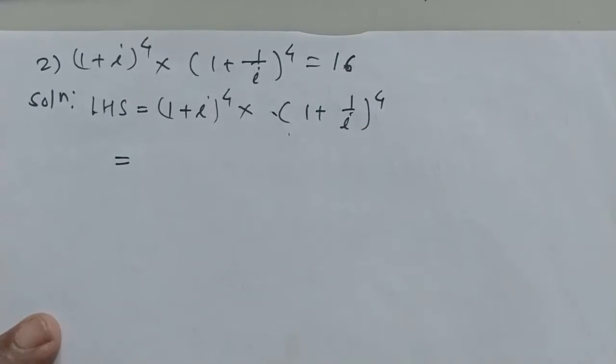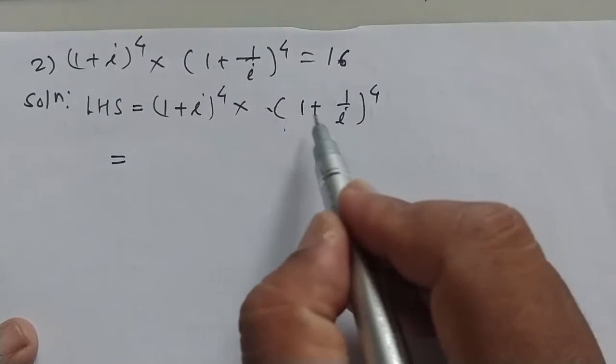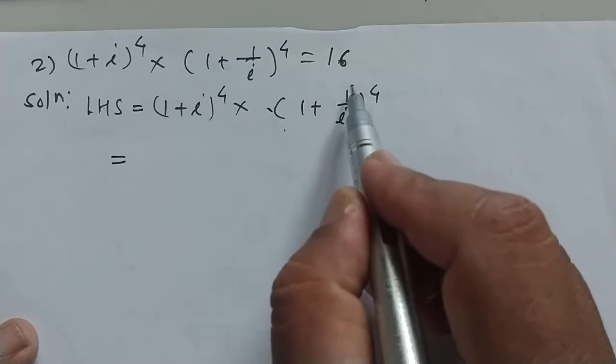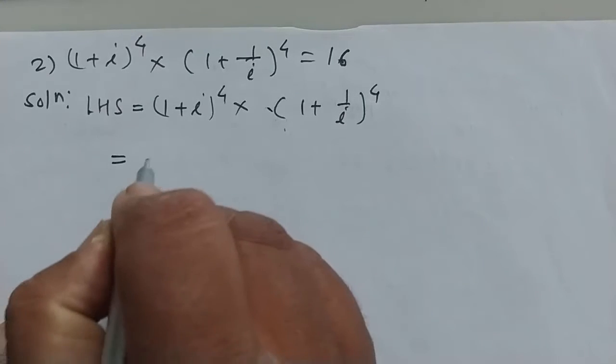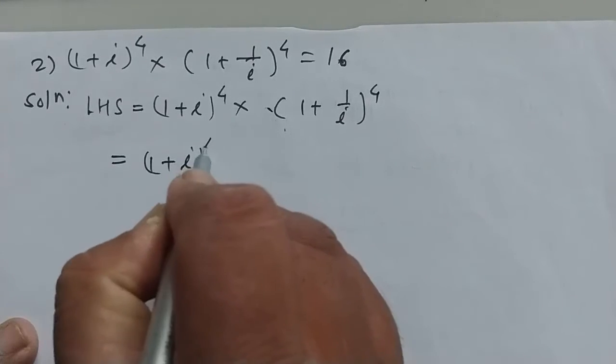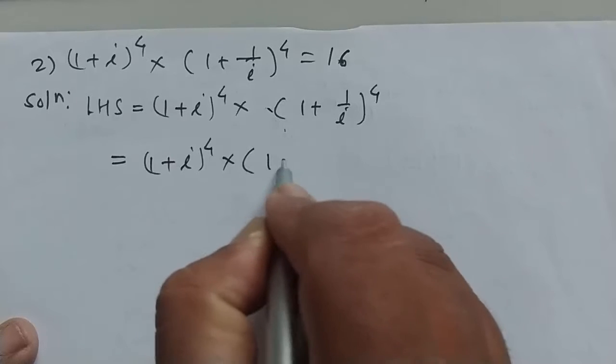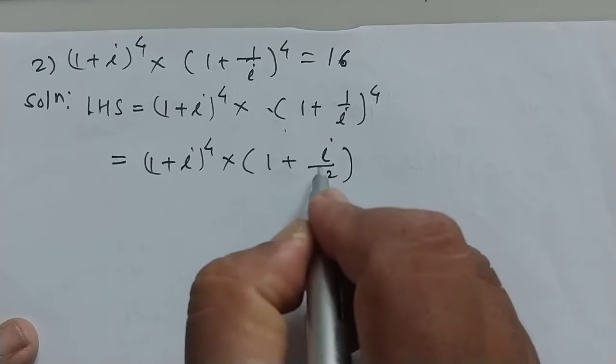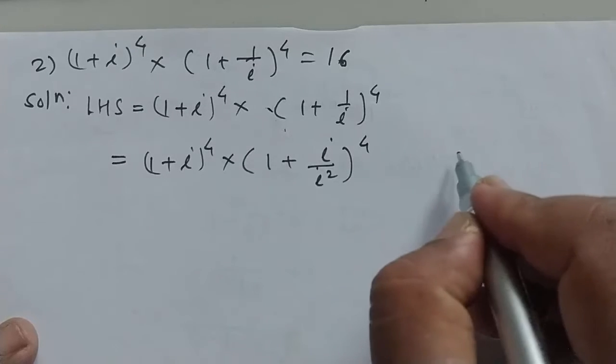Now in the second factor, the second term is 1 upon i, we multiply by i in the numerator and denominator. 1 plus i raised to 4 into 1 plus, we multiply by i, into i square raised to 4.